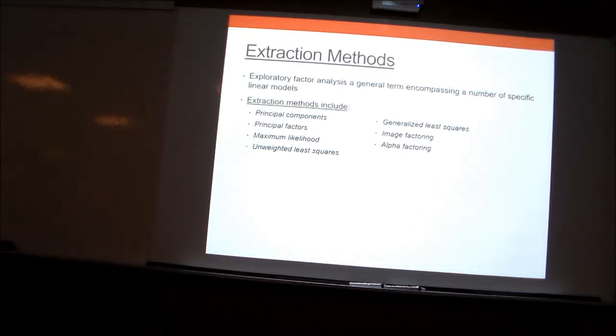Think about this in terms of our regression models. We sort of fell back on ordinary least squares, right? That was our technique or procedure that we use to estimate our regression models, but there are others out there. Same thing with our extraction methods. People have developed a lot of these. Some of these have some considerable strengths. Some of them are developed to address a very, very narrow set of circumstances, right?